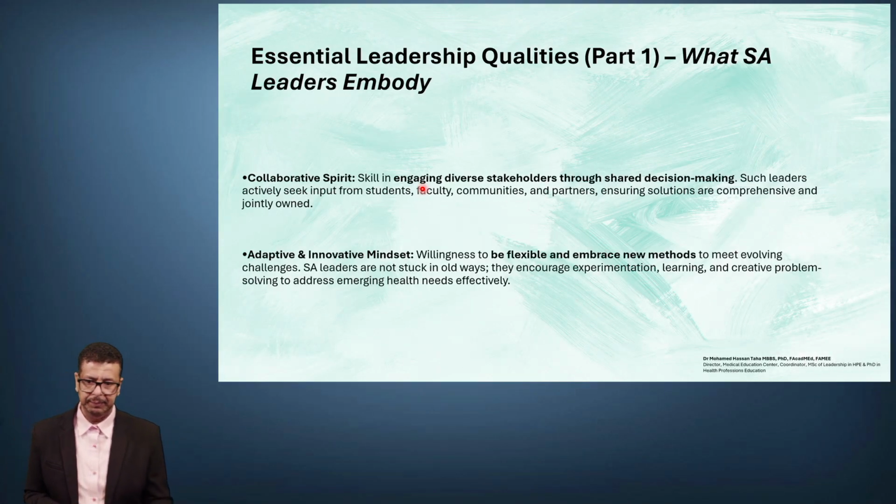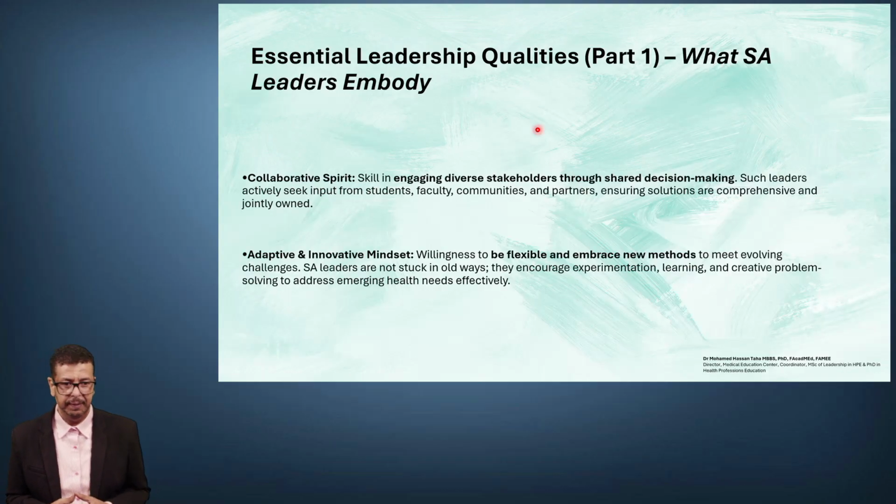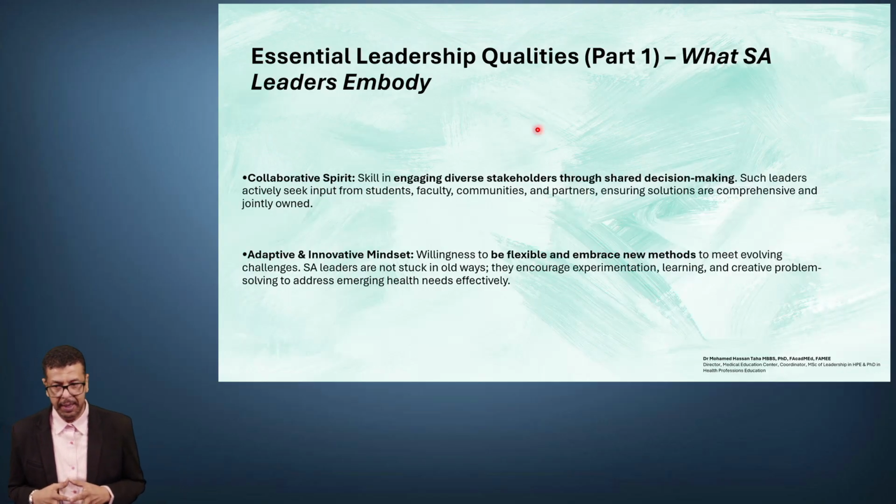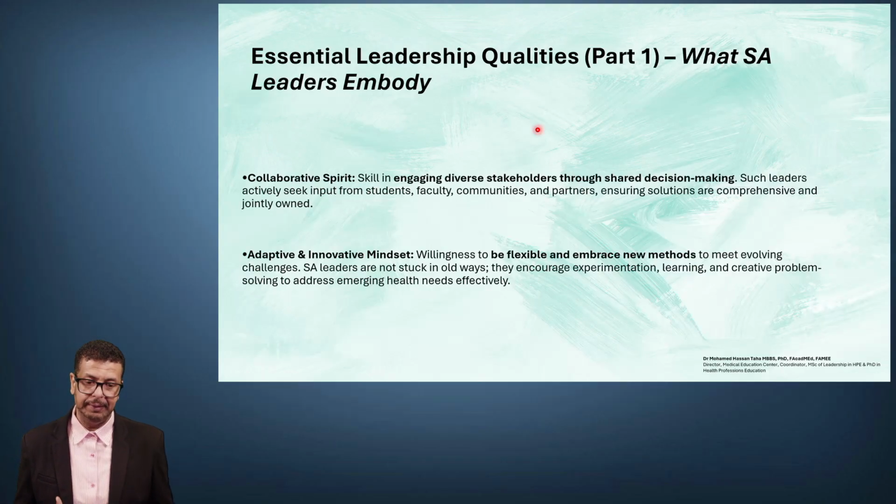A collaborative spirit should be there in the medical school. This means skill in engaging diverse stakeholders through shared decision making, and such leaders actively engage input from students, faculty members, the community, and the partners, ensuring that solutions are comprehensive and jointly owned, and this will build ownership. It is very important for leaders to develop an adaptive and innovative mindset, and they should have a willingness to be flexible and embrace new methods to meet evolving challenges. So social accountability leaders are not stuck in the old way, the classical way.